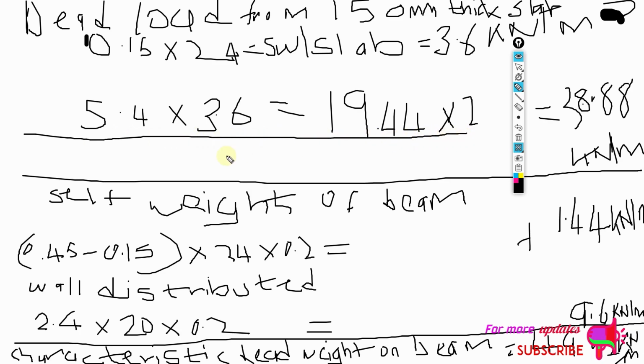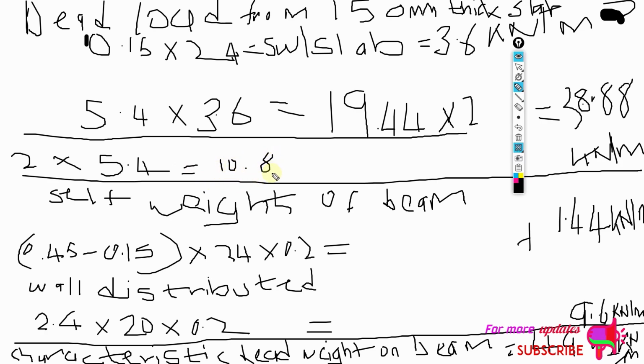So now, what about the live load? Let's say there is a load from the slabs of 2 kilonewtons per meter squared, acting on a length of 5.4. So the live load from the slab times 5.4 will be equal to 10.8.